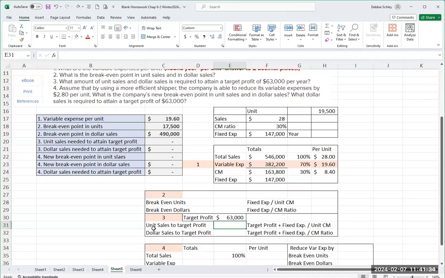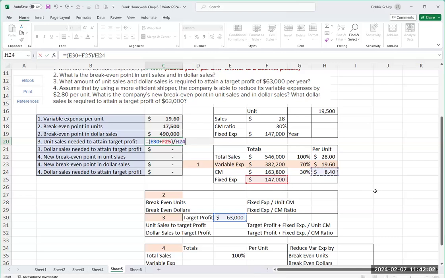And so to get unit sales to target profit, it's the target profit plus the fixed expense divided by the unit contribution margin. Okay, so I'm going to take equals, open parentheses, my target profit plus my fixed expense, close parentheses, divided by my contribution margin per unit because I want this in units. So the dollars divided by the dollars take you to units.